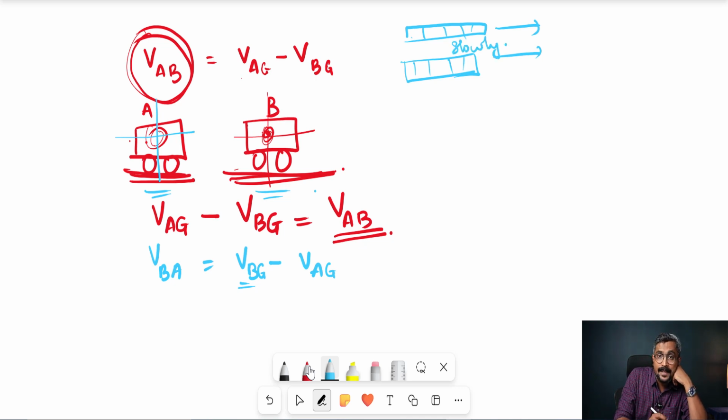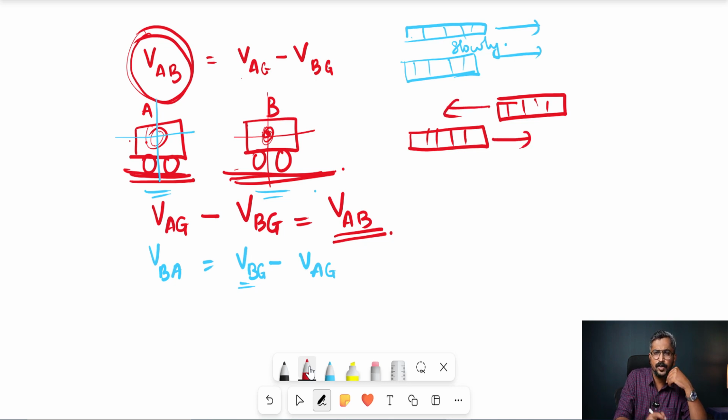That means their velocity seems to decrease. But sometimes you will be sitting here and the other train will be crossing you, one train moving like this, another moving like that, so within seconds they will just pass. But if you're standing outside and observing the train, then at least 1 minute will be taken for you to count all the bogies.